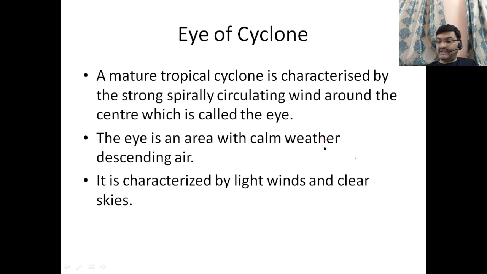The diameter of the eye may vary, but on average it will be around 20 to 50 kilometers. The mature tropical cyclone is characterized by strong spiraling circulation of wind around the center, and this is known as the eye of a cyclone. The eye has calm weather, as already explained, and it has descending air instead of ascending.